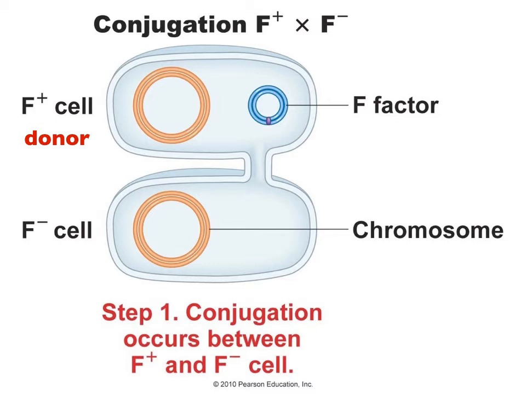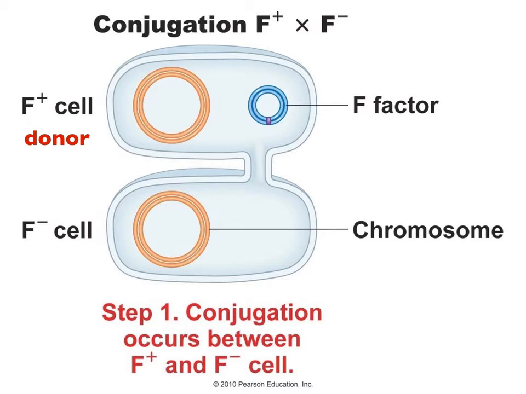And these are shown as two concentric circles simply to indicate that this is double-stranded DNA, okay? Now you'll notice the F positive cell has this additional blue chromosome, okay? This small blue double-stranded DNA is what is called F factor. And you'll note that in red on the left, this cell has been indicated as being the donor, okay?